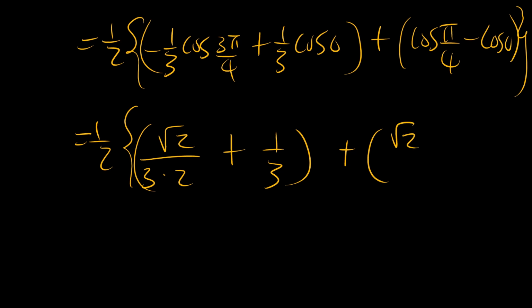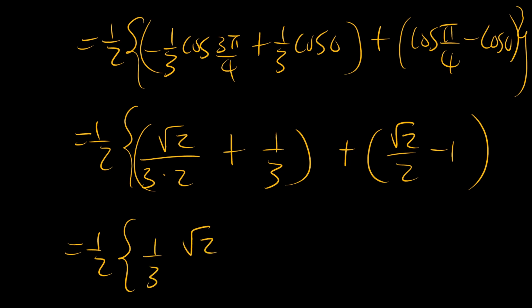Root 2 over 2 minus 1. So let's keep a half outside. So we have root 2 plus 2 over 2 plus root 2 minus 2 over 2.